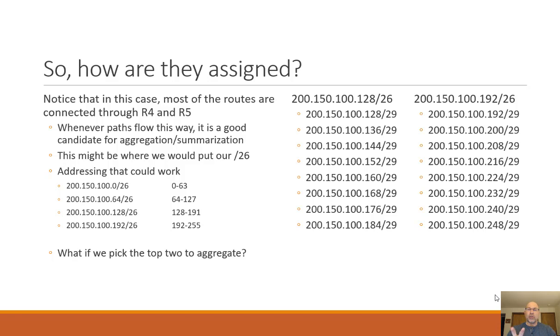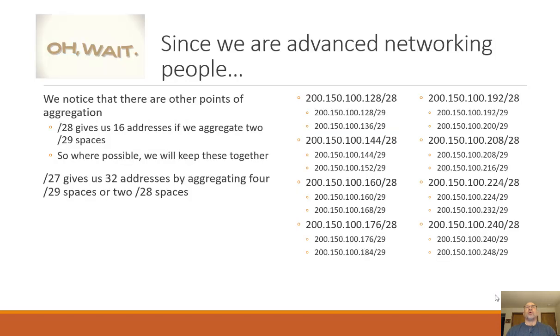If we took 2 of those, say the .128 and the .192, all of those other /29s would be aggregated into those 2 /26s. Now I could have picked any 2 of them, I just grabbed the top 2. That takes care of the /26s that we're going to use for our static routes. We still have to come up with the directly connected routes, and we'll see how that works in a second. Okay, so hold on a sec.